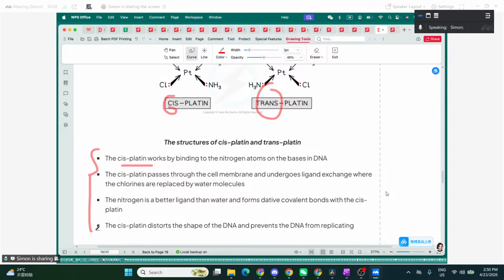Second, cisplatin passes through the cell membrane and undergoes ligand exchange. In the process, the chlorine is replaced by water molecules. Remember every single step.